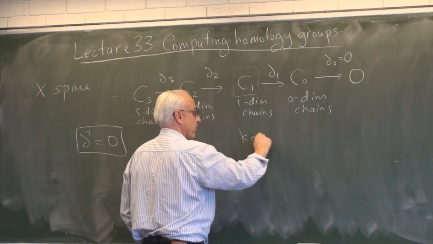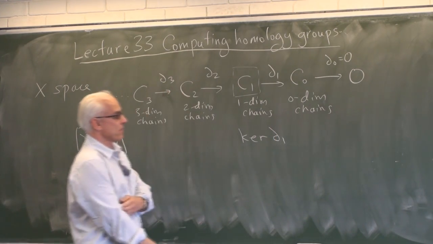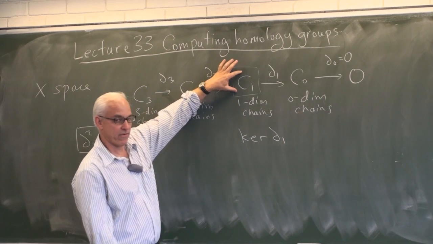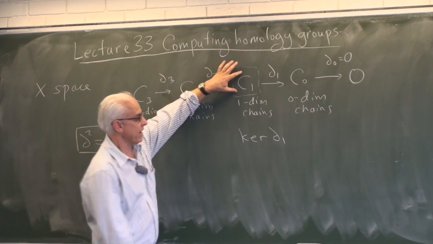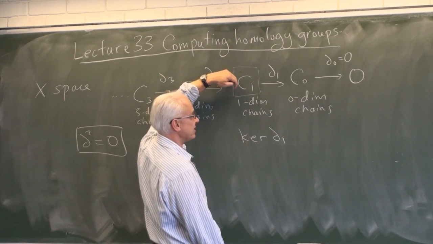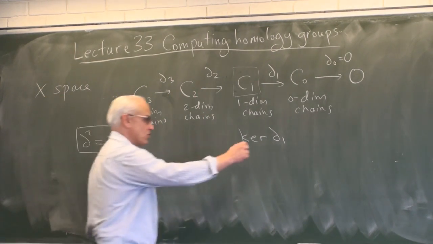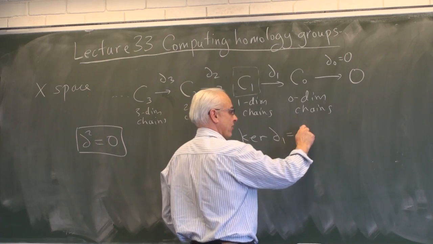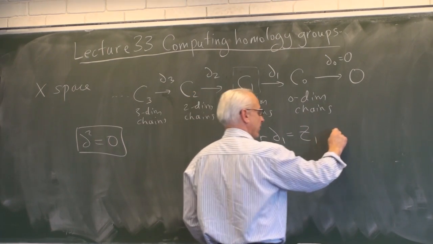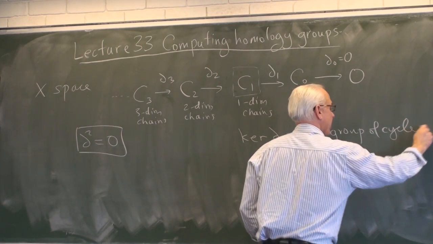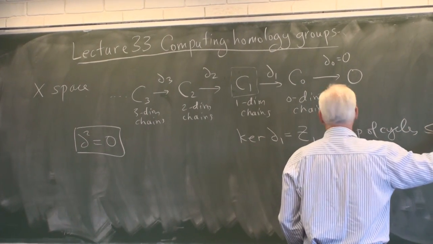The kernel of del 1 is a subgroup of C1, and it's those things which get sent to 0 under the del 1 map. And that's usually called the cycles. So say Z1. This is the group of cycles, and it's contained inside C1.